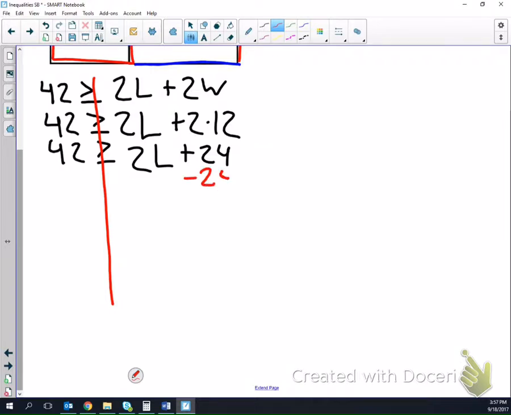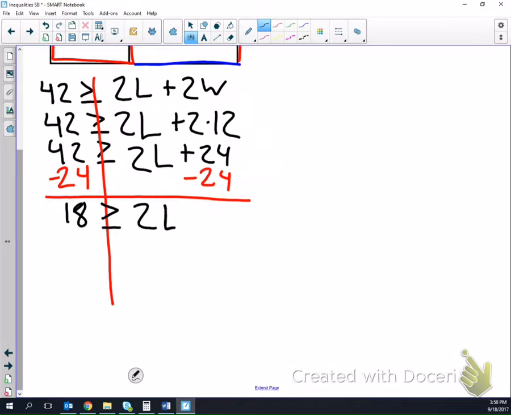I'm going to subtract a 24 from here, subtract a 24 from here. So that's fencing all of my width. After I've fenced in the width, that would leave me with just 18 feet of fencing left. Now I got to fence in my 2 lengths. All right, so I'll divide that into 2.